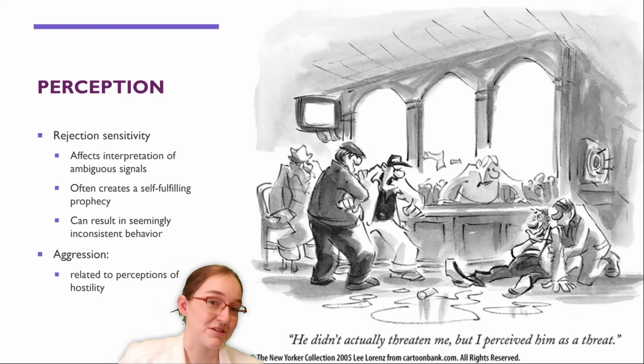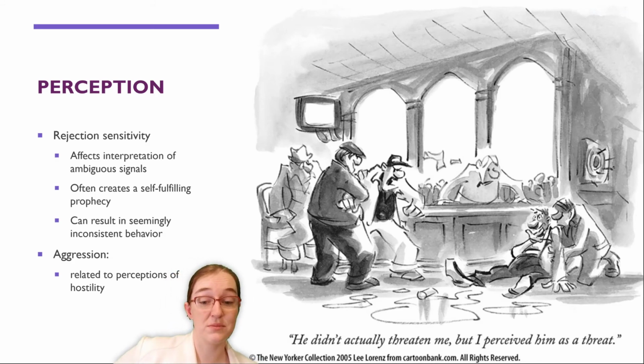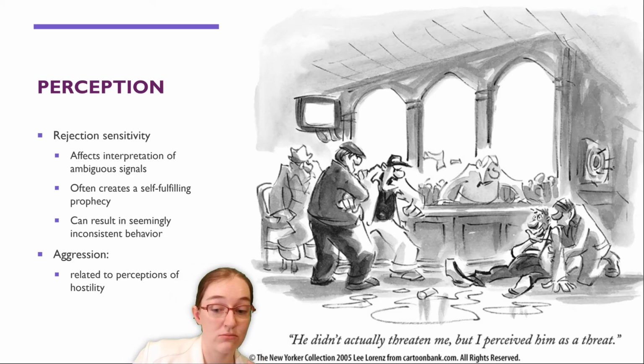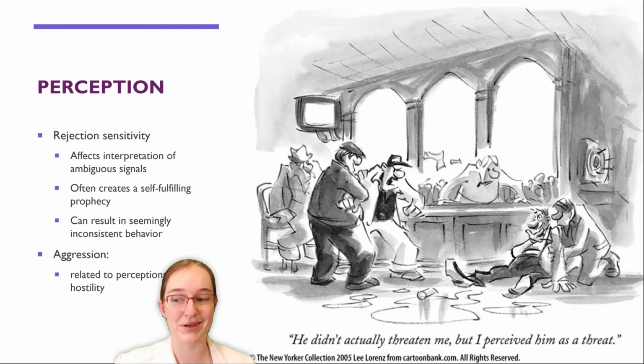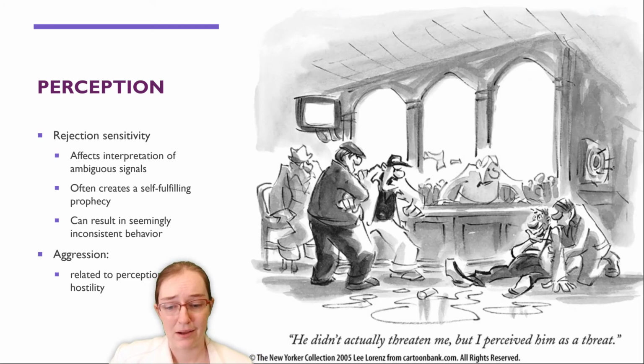But let's talk about aggression as another example. Aggression is related to a tendency to perceive others as having hostile intent or as a threat. If there's ambiguity, they tend to interpret things through the lens of it being aggression or a threat.